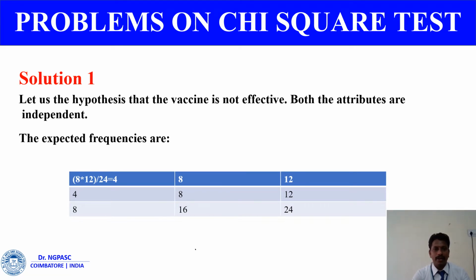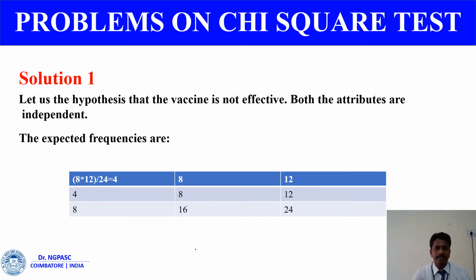First entry: the corresponding column total 8, the corresponding row total 12. 8 into 12 divided by grand total 24. 12 one time, 24 two times, 8 by 2 equal to 4. Next, the second entry: the corresponding column total 16, the corresponding row total 12. 16 into 12 divided by 24 is equal to 8.